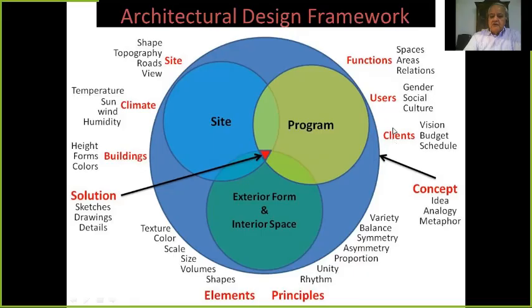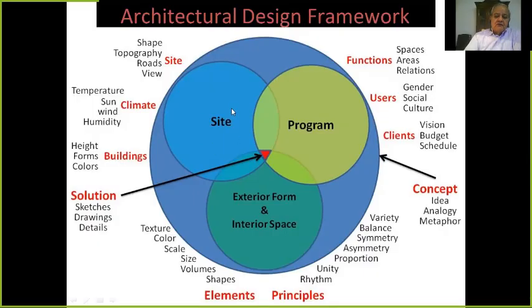If you are designing for a developer, the client will be different than the end user. So you also need to understand the client's vision, budget, schedule, because the clients usually are more concerned about the cost and benefits of the project. The user is usually more concerned about how the project will satisfy their ambitions and dreams and needs and so forth.